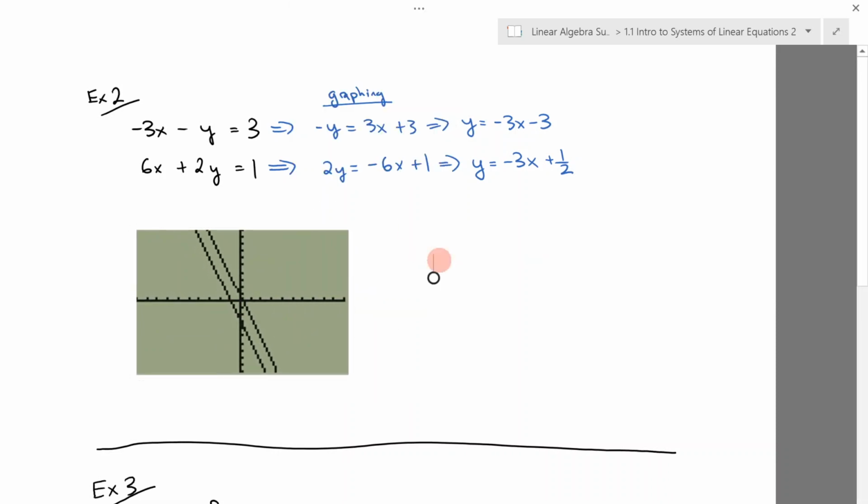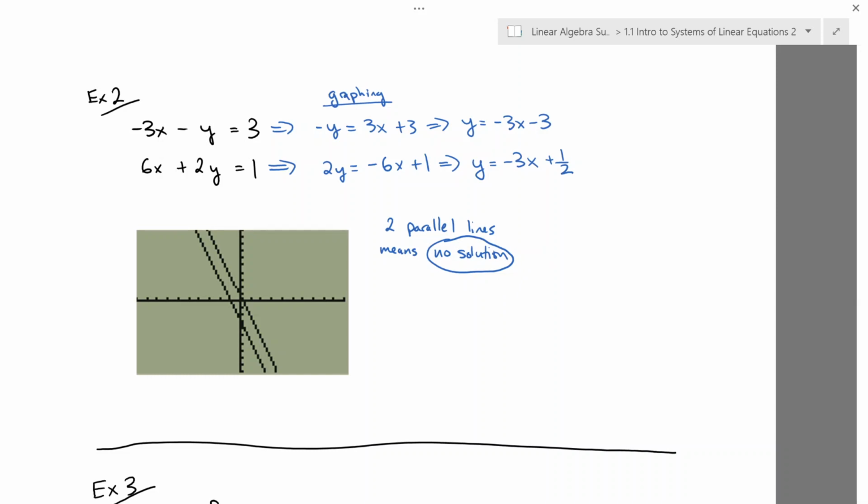So two parallel lines means no solution. So this system has no solution because there are no points of intersection. So that's what we see by graphing them.